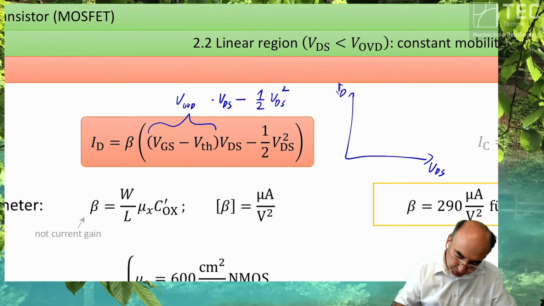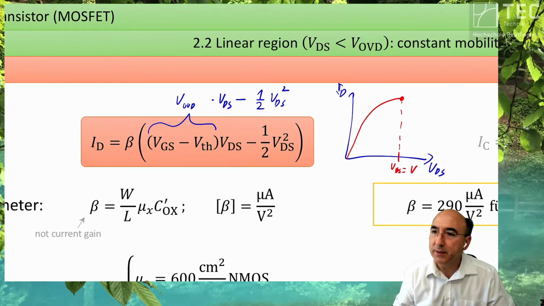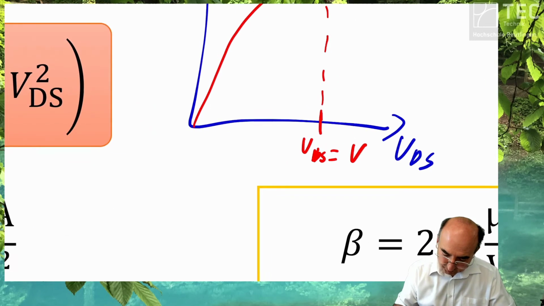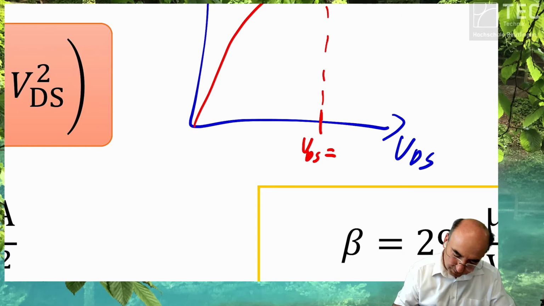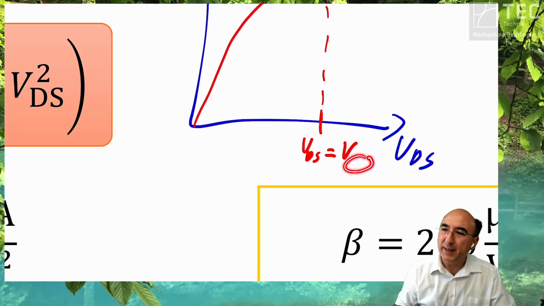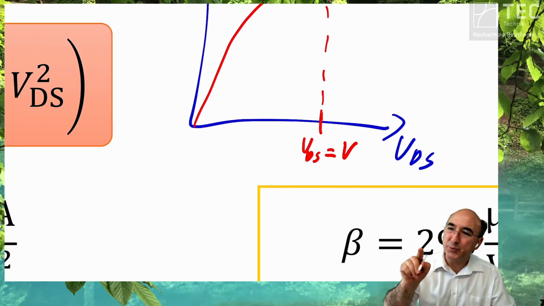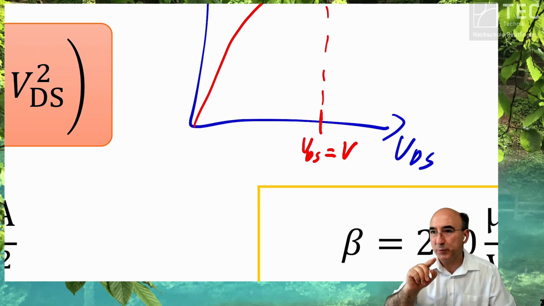If we take a look at this equation, which is valid up to this tipping point, VDS is equal to V. What is the name of this limit of the VDS? V dsat. Yeah, and what is the value, the relative variable value?